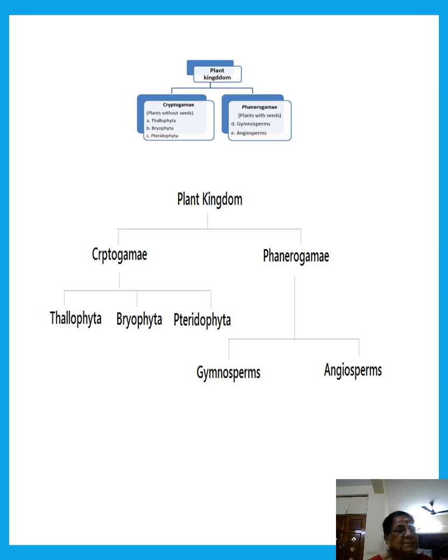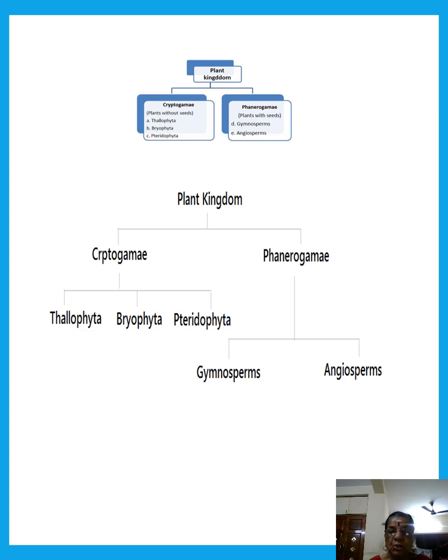Angiosperm means angio, covered, sperma, seed. These are also called flowering plants. And the plant embryos in seeds have structures called cotyledons.